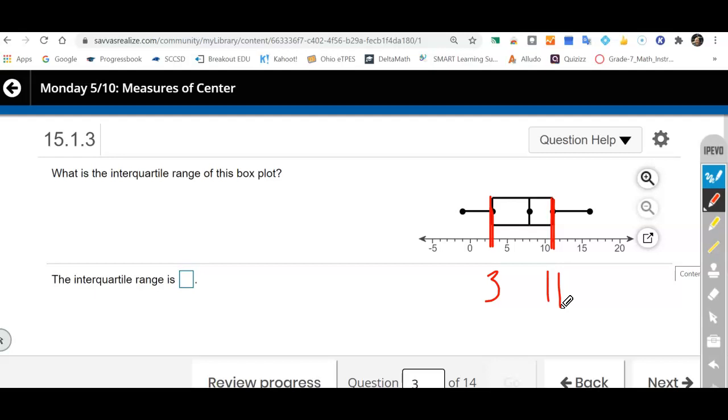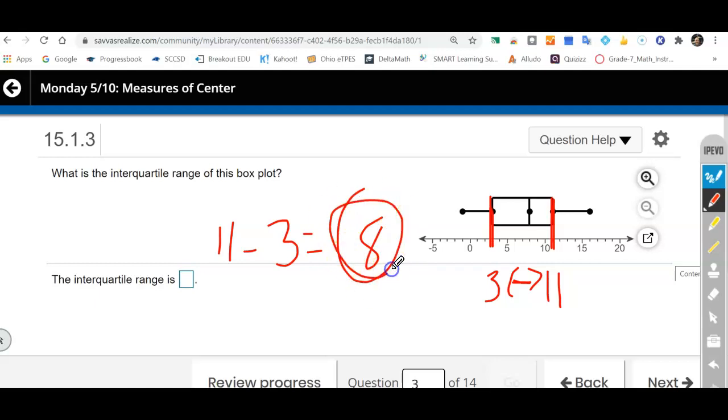And what does it mean when we say you have to find the range of anything? It means we find, what operation do we do? Subtract, right? We find the distance between these 2 points, we subtract. 11 minus 3 is 8. So our interquartile range, the middle 50%, is separated by 8 numbers.